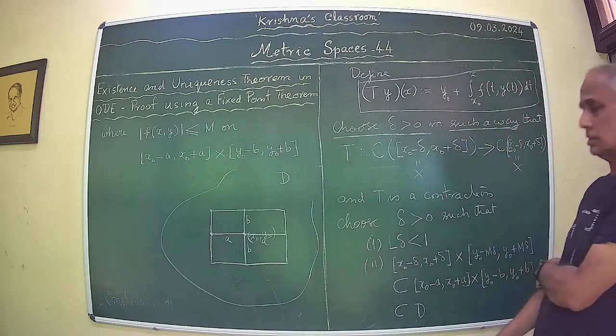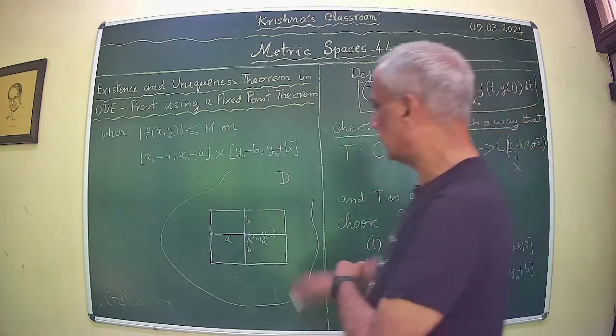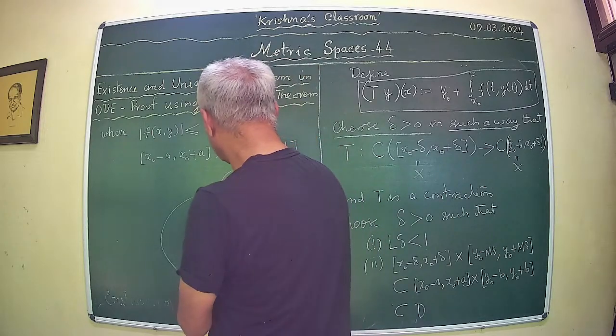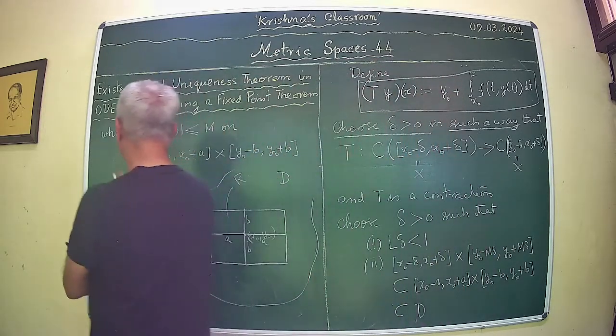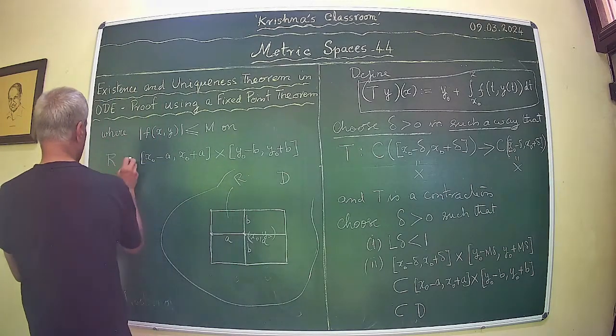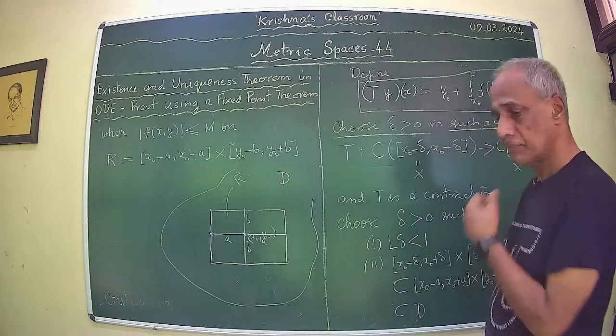Now it's a closed, it's a compact subset. So let us call this R.